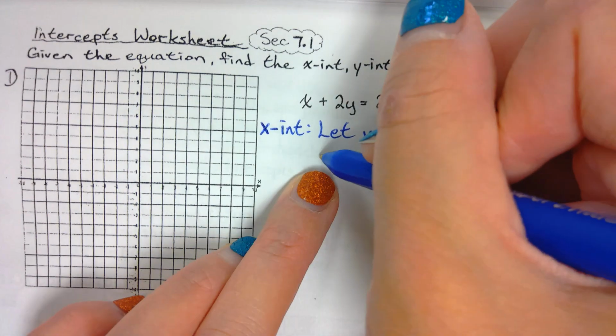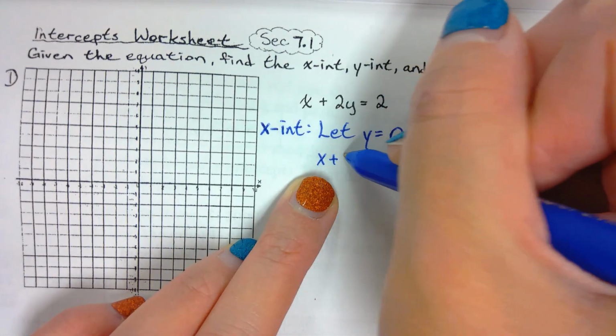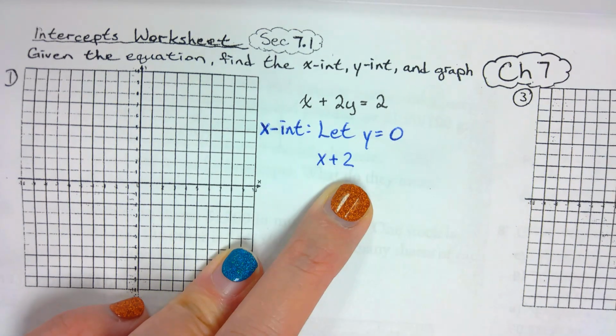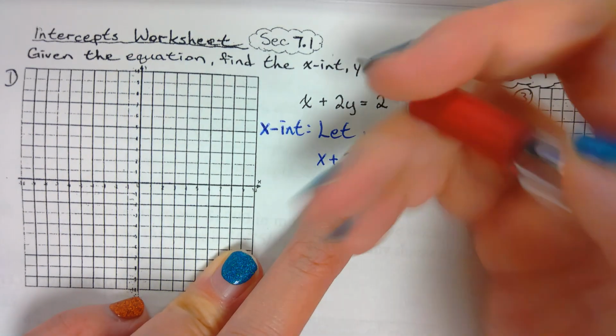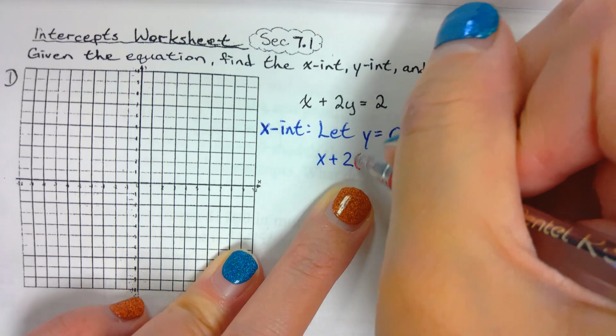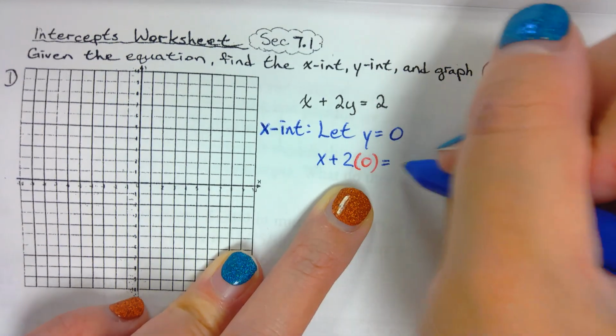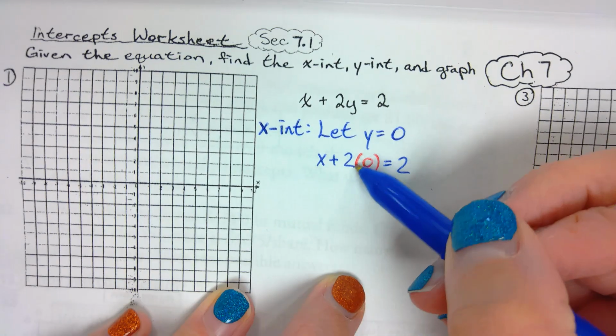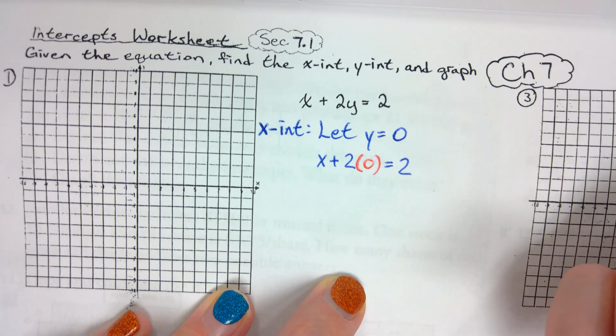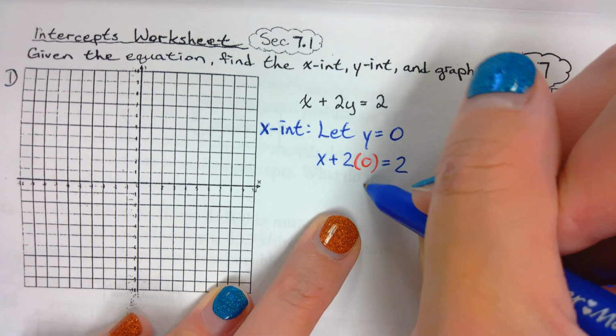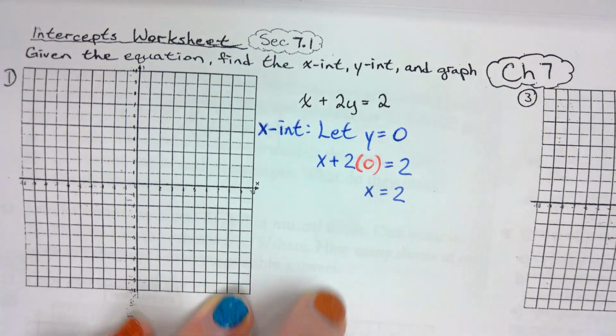So now let's sub it in. x plus 2 times, instead of y, as we said, we're going to replace it with 0. Okay? What's 2 times 0? 0. Yeah, so x equals 2.